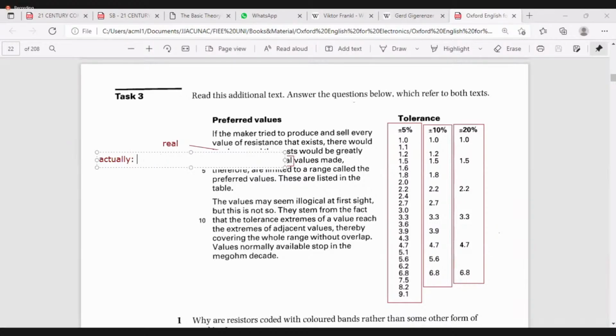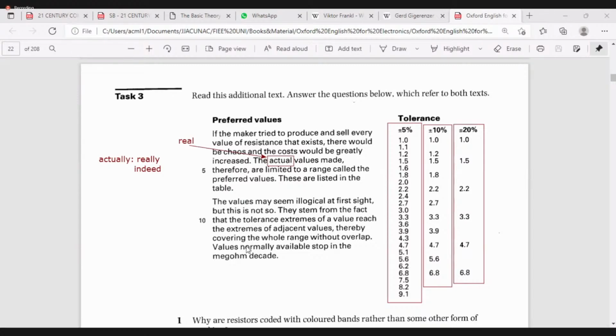Actually means really, or indeed. That means the real situation is this. So the real values may therefore are limited to a range called the preferred values.